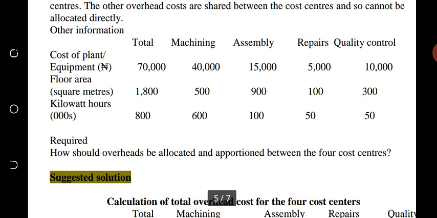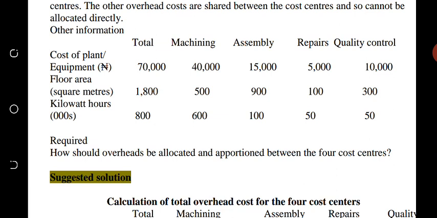Now the floor area is 1,800 square meters for the total factory. Machining is 500 square meters, assembly is 900, repairs is 100, and quality control is 300 square meters.